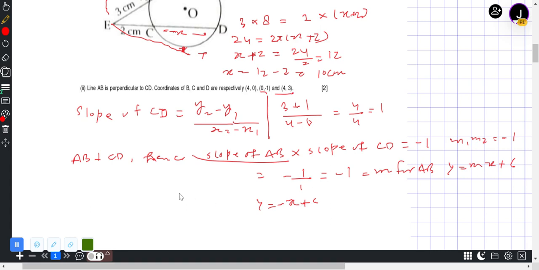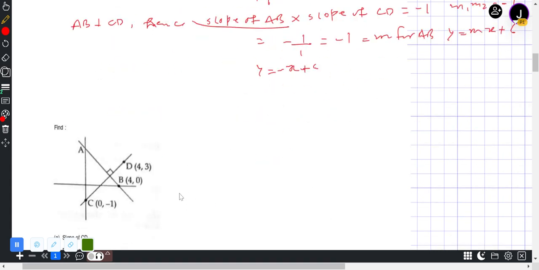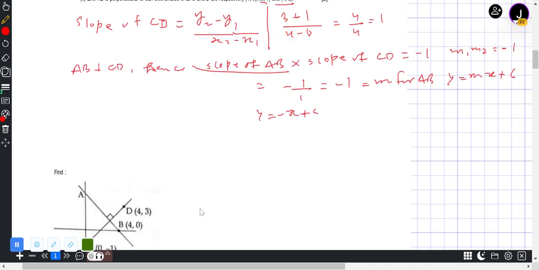Now AB passes through B. So this equation has to satisfy the coordinates of B. I'll tell you another approach also. What is the coordinate of B? B is 4, 0. Right? So we'll put that value. So in case of B, y is equal to 0, x is 4: 0 is equal to minus 4 plus c.